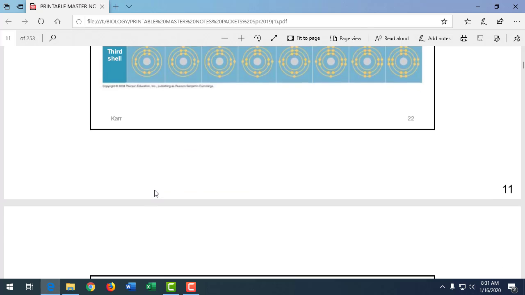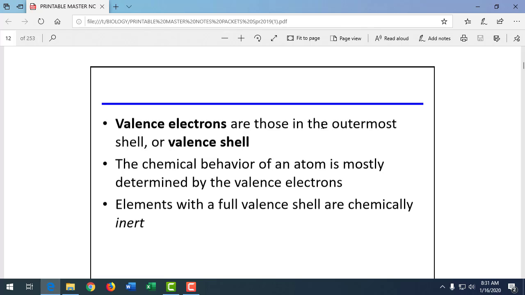Okay? So when we look at valence electrons, they're in the outermost shell. I want you to write this down. The first shell can hold a max of 2 electrons. The second through whatever shells can hold a max of 8 electrons.